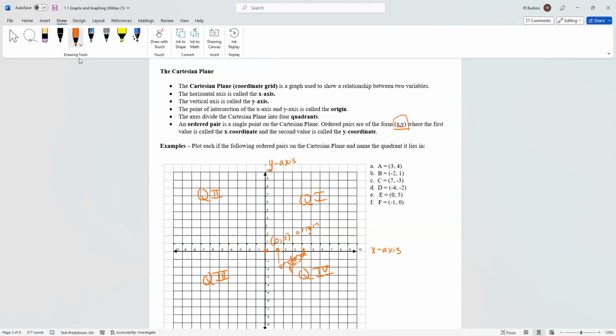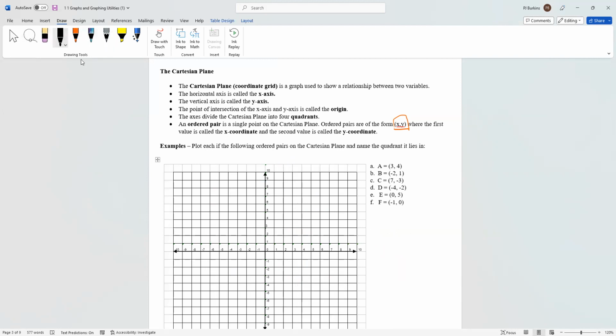And we call that the x coordinate and the y coordinate. So let's go ahead and take a look at a few of these and see if we can't plot them and then describe what quadrant they are in.